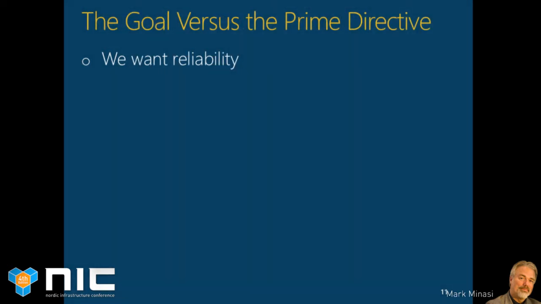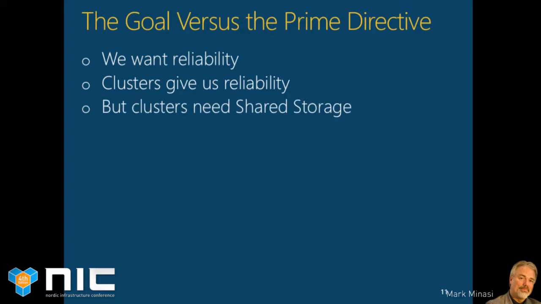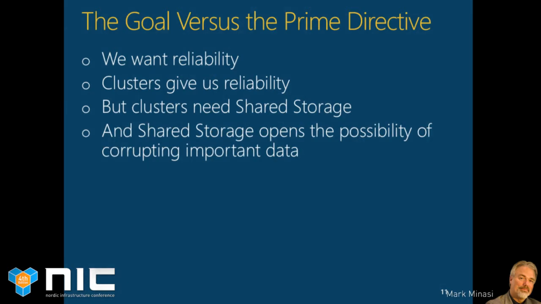Which leads to what I call the goal versus the prime directive. Our goal is reliability. I want that Hyper-V server up 24/7. And clusters give us reliability. The problem is that clusters need shared storage, and the problem with shared storage is that if things go wrong, we could lose all of our data. So we have very reliable data, but it gets destroyed now and then. That would not be good.